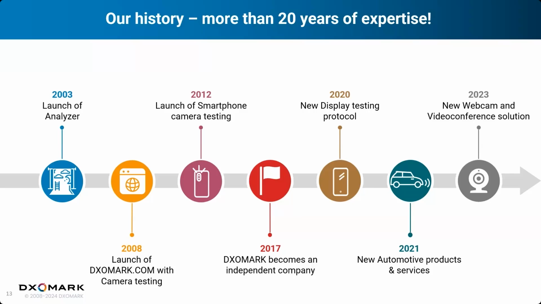In 2021, we added to our portfolio additional automotive products and services. And in 2023, we also added webcam and video conference solution protocols. So overall, this means we have more than 20 years of expertise built over all the benchmarking that we've done and all the systems that we've developed.